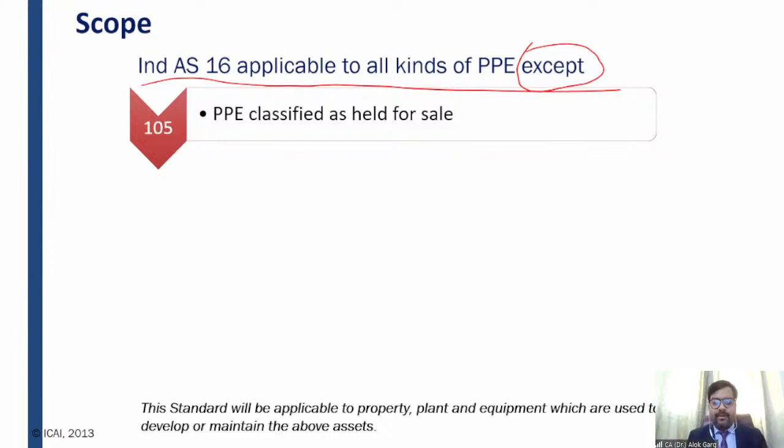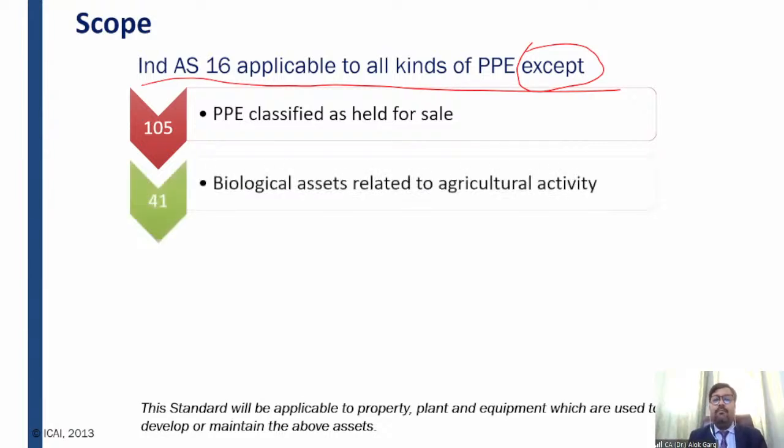Okay, right? Second, biological asset related to agricultural activity. Biological asset related to agricultural activity comes under the purview of Ind AS 41, and hence it is not covered under Ind AS 16, because there is a specific standard which talks about biological assets related to agricultural activity.